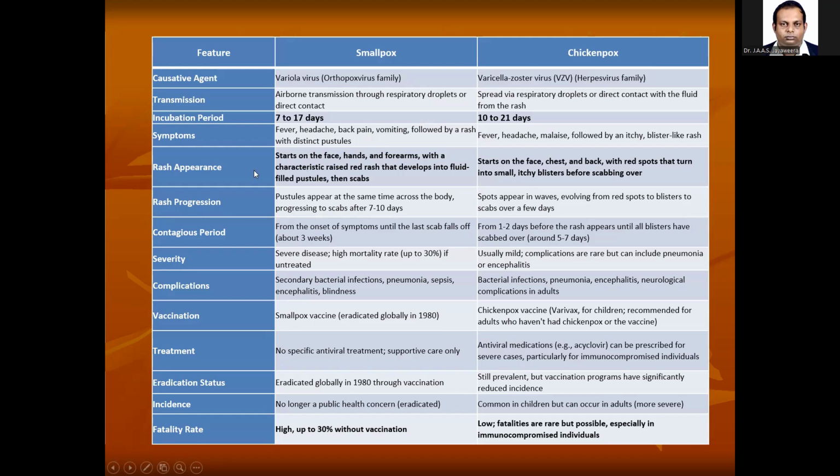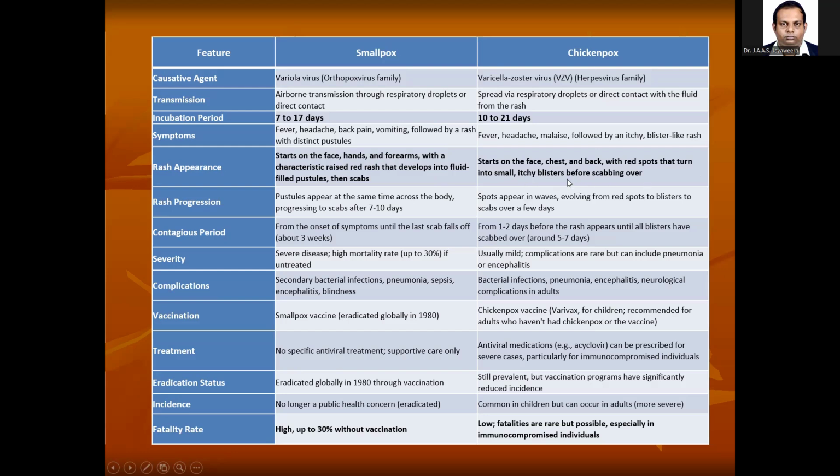But smallpox goes to the hands and forearms, with a characteristic raised red rash that develops into fluid-filled pustules, then scabs. Often similar, right? But chickenpox is on the back, chest and face, with red spots that turn into small itchy blisters. Both cause painful blisters, but itchiness is associated with chickenpox, before they scab over.